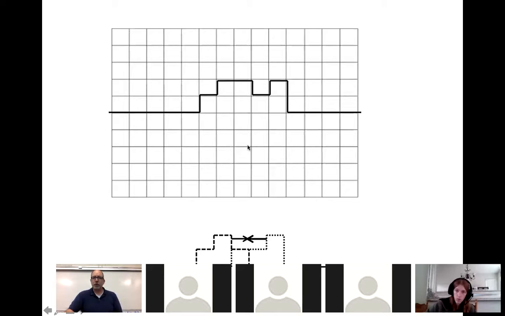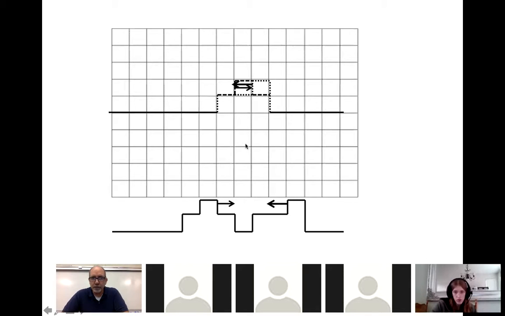Okay? Let's go 1 unit of time later when they're completely overlapped. What does the spring look like now? Well, the left-hand third of this pulse wants to take it up 1. The left-hand third of this pulse wants to take it up 1. +1 and +1 is going to be +2. What about the middle?